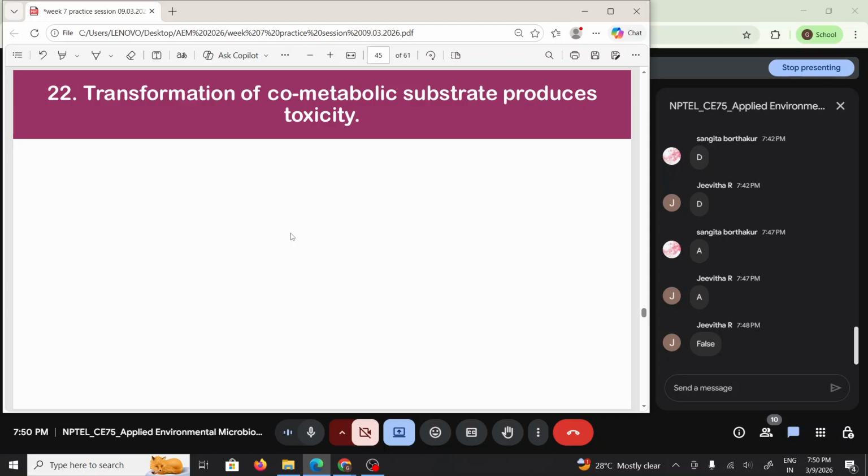Transformation of co-metabolic substrates produces toxicity. Whether this statement is true or false.